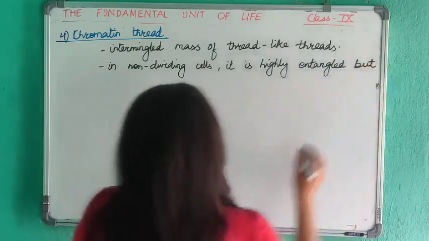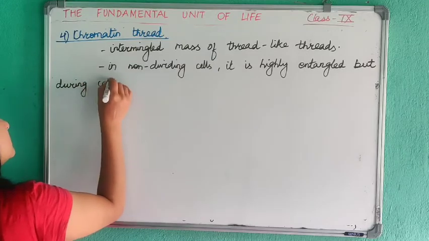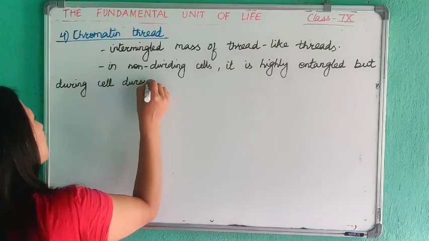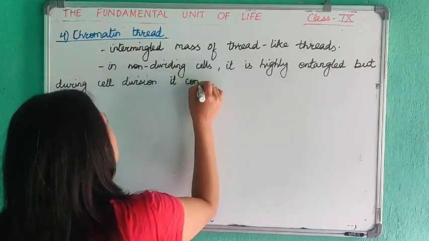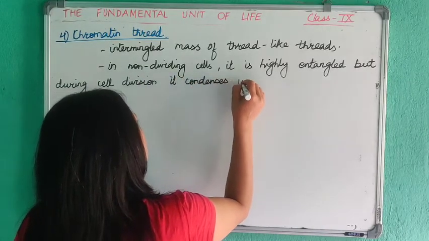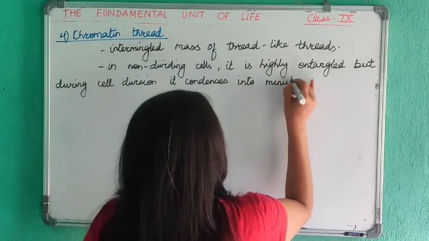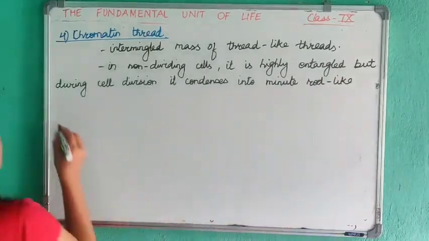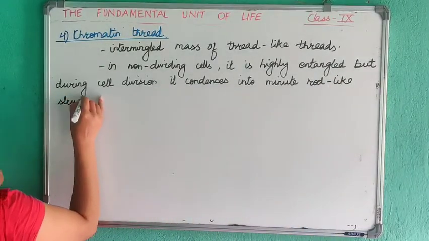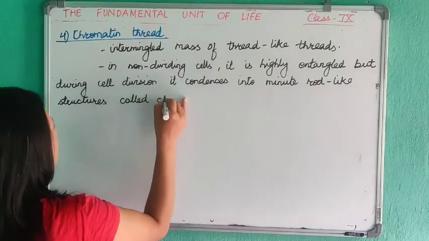But during cell division these threads will condense into minute rod-like structures that are known as chromosomes. Okay, rod-like structures called chromosomes.